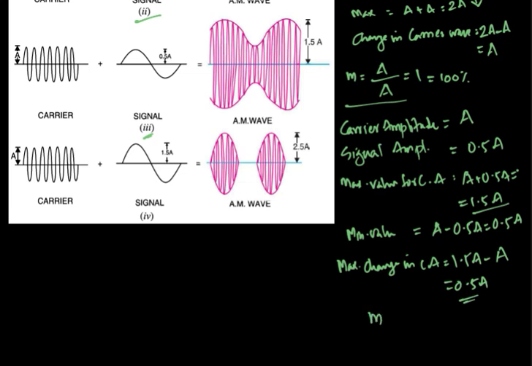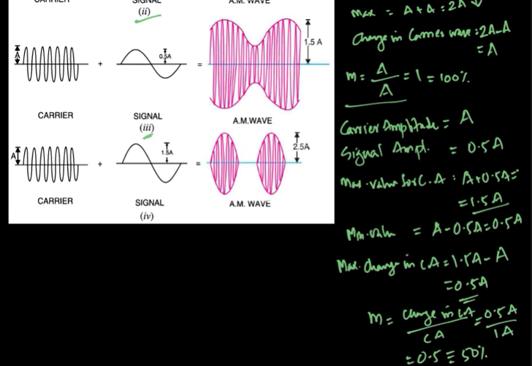Now the modulation factor in this case, m, is equal to the maximum change in carrier amplitude divided by the carrier amplitude, which is 0.5 A divided by A, which is equal to 0.5, which is equal to 50%. So the modulation factor here is 50%.